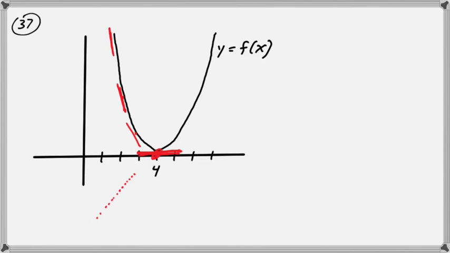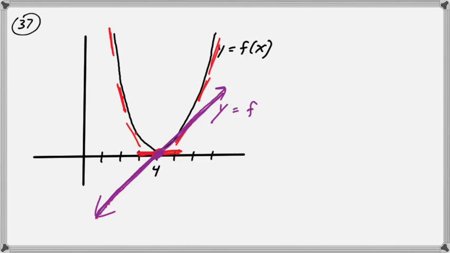0. So if I'm graphing the derivative, it has to have a 0 right there. It's negative, and then what does it become over here to the right? What are these slopes? Positive, more positive, more positive. So the actual derivative could look like this.